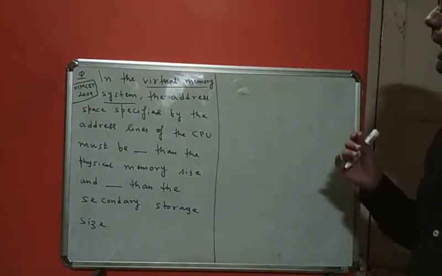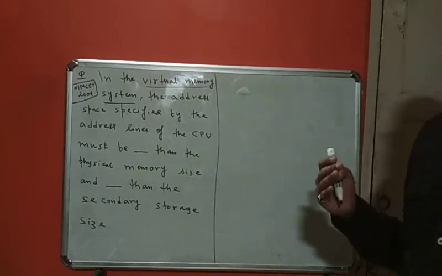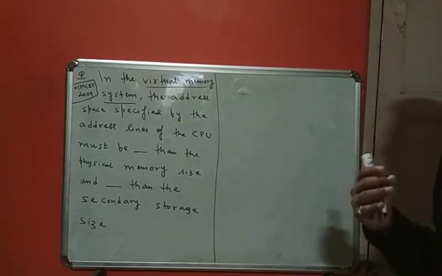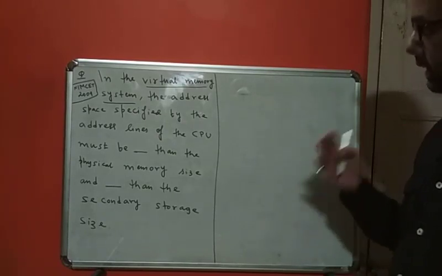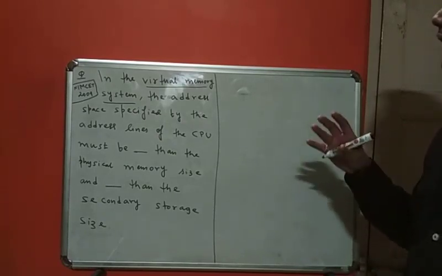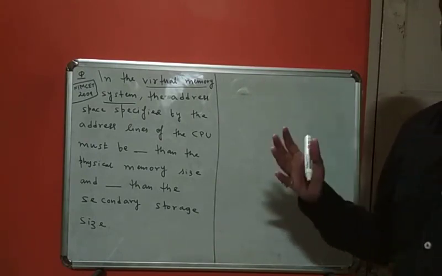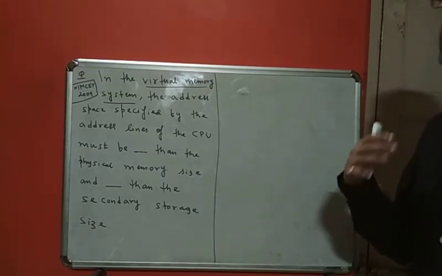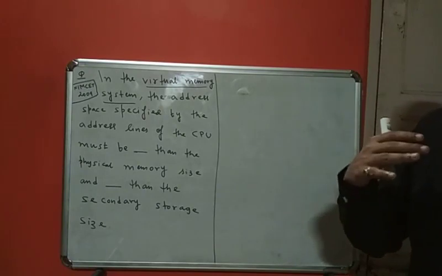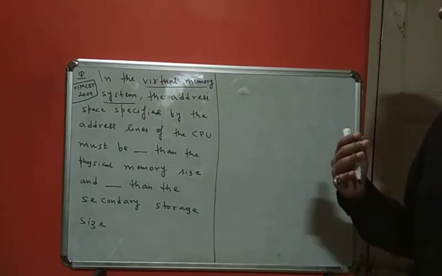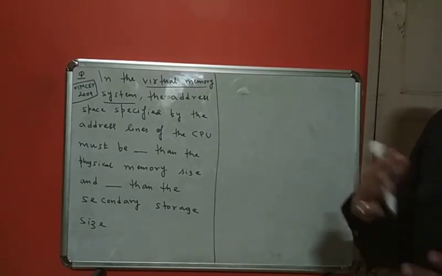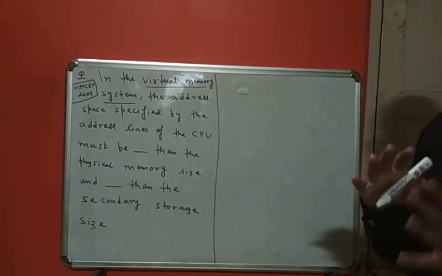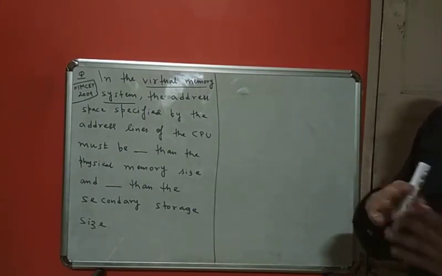Now, in earlier times when memory devices were not so advanced, like 8 GB of RAM is quite common in our times, but in earlier times we would not have so much memory at our disposal, and it would happen in many cases that the size of a process is much greater than the size of our physical memory. Now, in order to be able to run such processes, the virtual memory concept was developed, which allowed processes to be larger than that of physical memory.